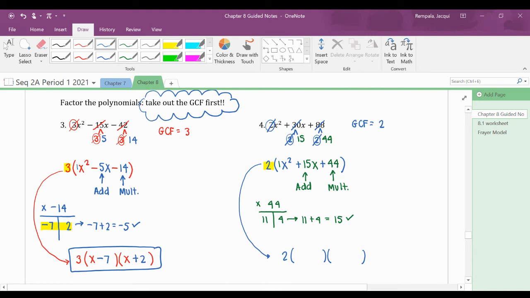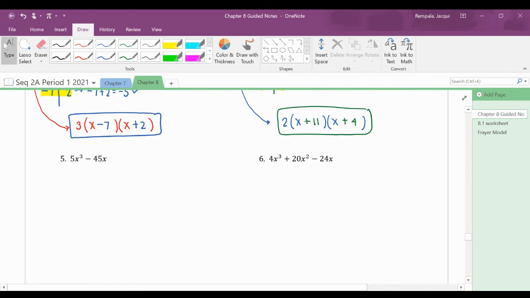So notice that because x squared just had that 1 in front, by taking out that GCF, we get to start each of our parentheses with a 1x. What we have then in the chart that multiplied to 44 but added to 15 is going to fill in the rest of my answer. So a positive 11 and a positive 4. With that GCF out in front, this is my final answer.